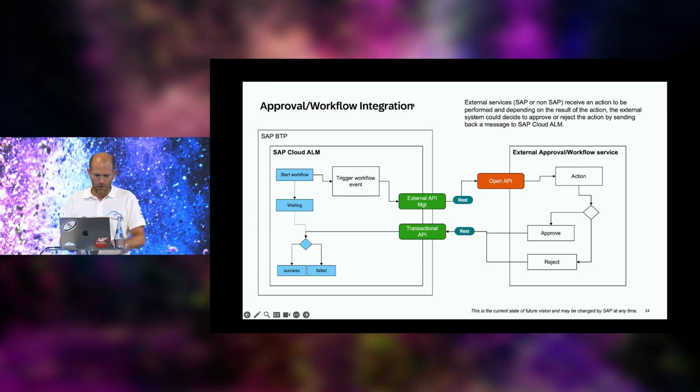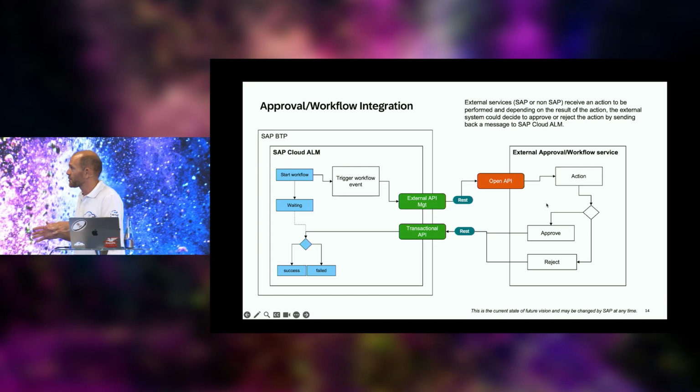Just a brief architecture graph. So how does it work? Again, we are in SAP Cloud ALM. We start the workflow. It will trigger a workflow event in the external API management application. Using the REST API, we will contact the external systems.